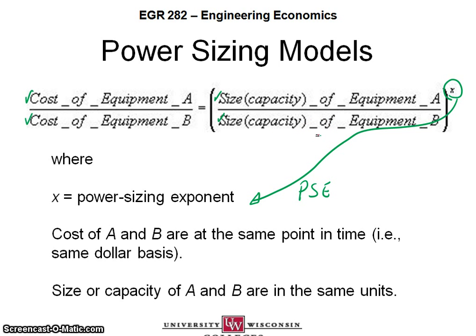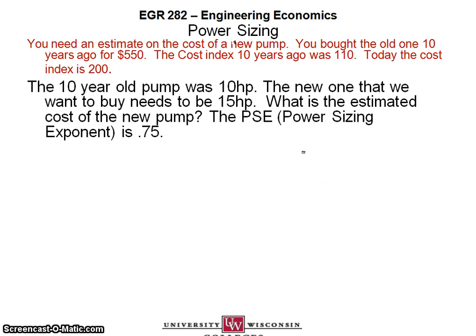Okay, so let's look at the same example that we just did, where we already solved the first part, the part for the cost indexing. We found that today's cost of the same size pump equaled $1,000. We solved that in that last problem.